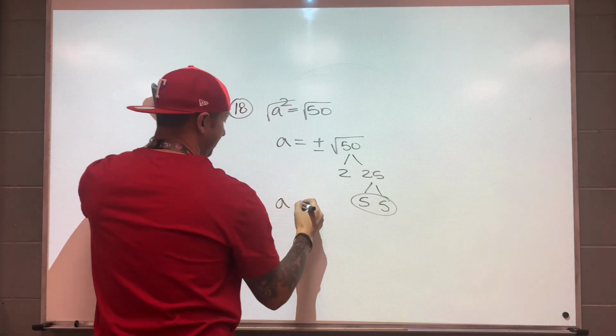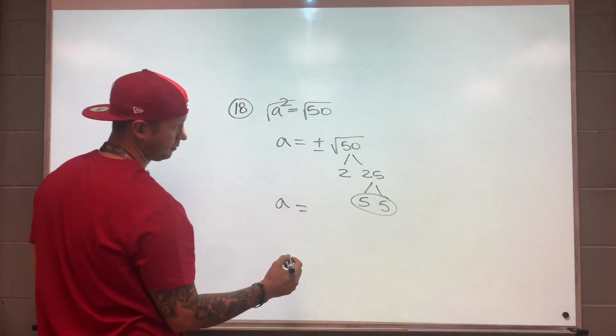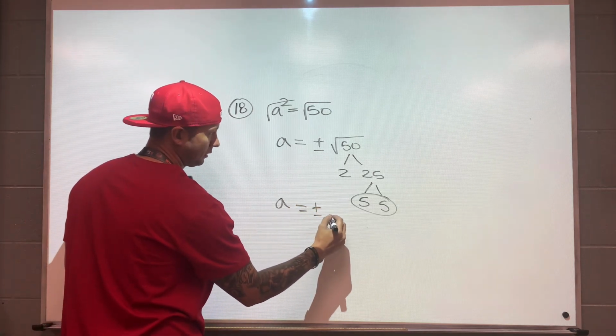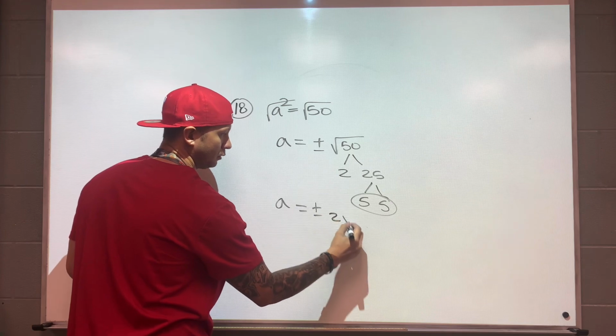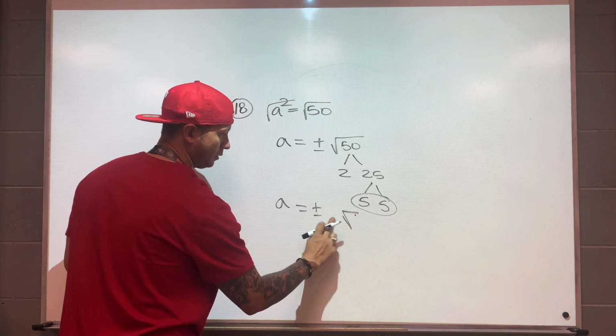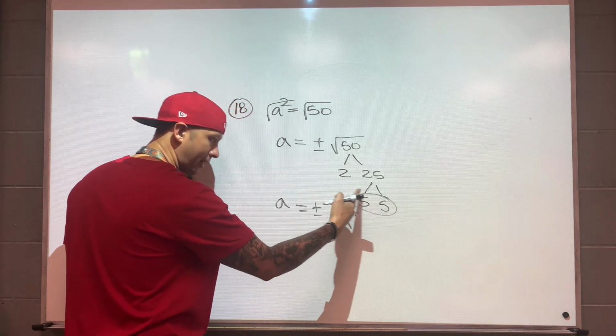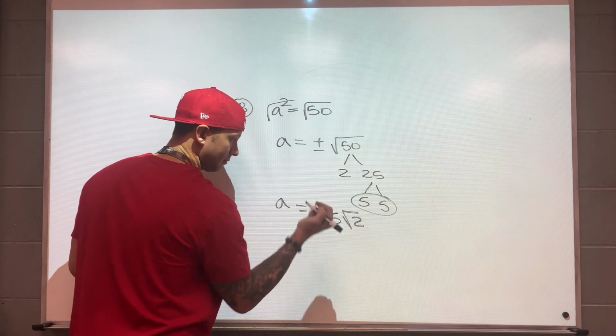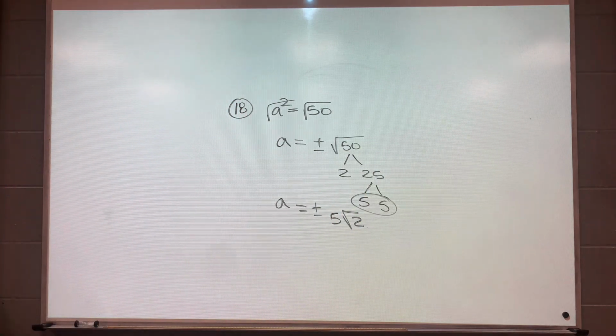So a is equal to plus or minus 5, because the pair comes out, plus or minus 5 root 2.